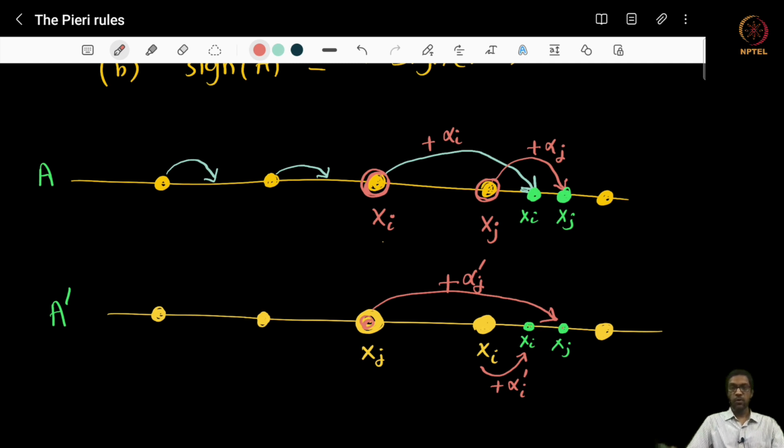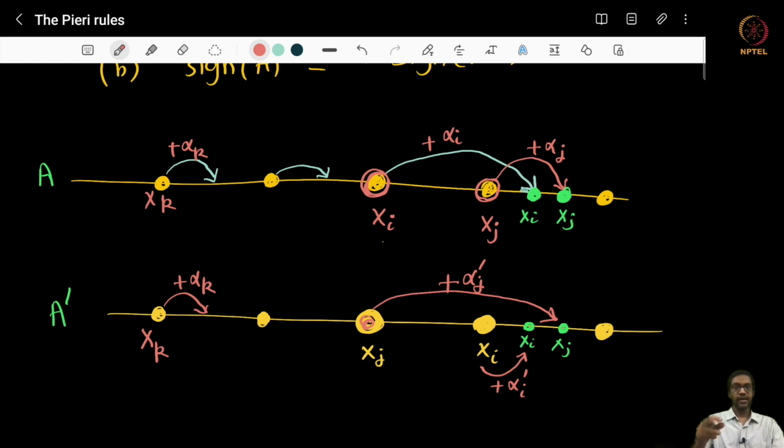Okay, and all the other data is fixed. Don't do anything to any of the other alphas. So if this is node xk, I keep this as xk. If this is some number alpha k, I keep this the same number alpha k, and so on. All the other data I keep fixed. I only change xi, xj and the corresponding alpha i, alpha j.